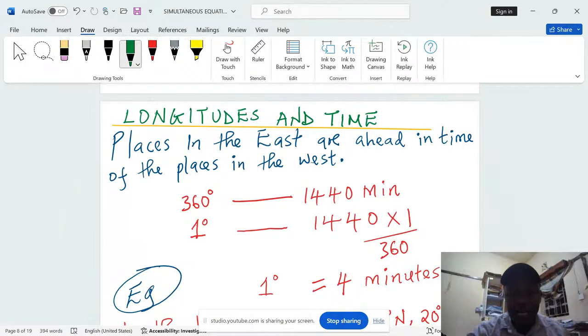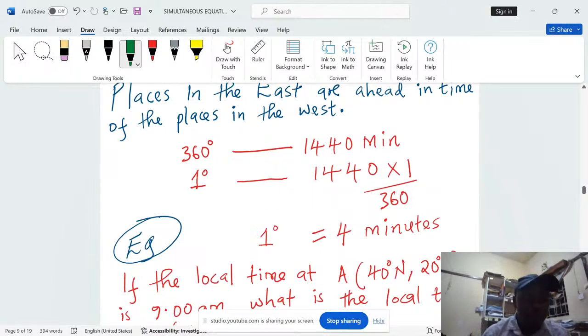To make a complete rotation around the Earth takes 24 hours. 24 hours can be converted into minutes by multiplying by 60. So when we multiply 24 hours by 60, we get 1,440 minutes. Therefore, for the Earth to rotate the whole globe of 360 degrees, it takes 1440 minutes.